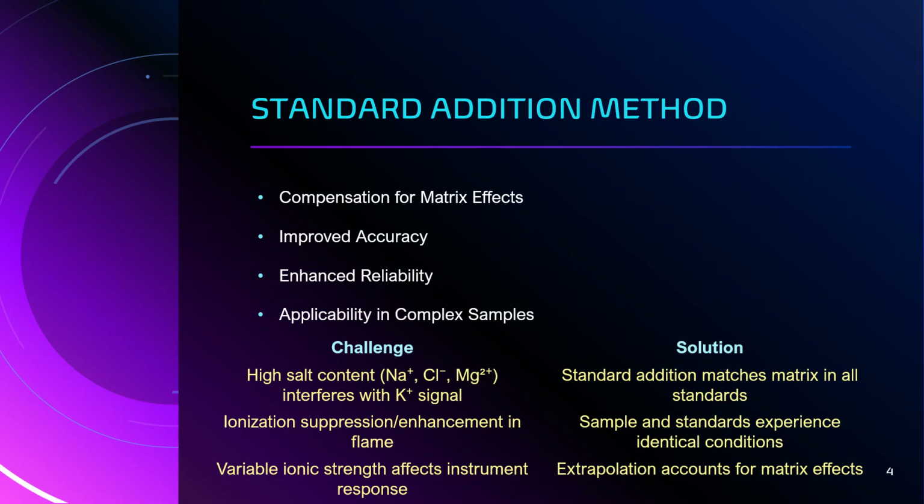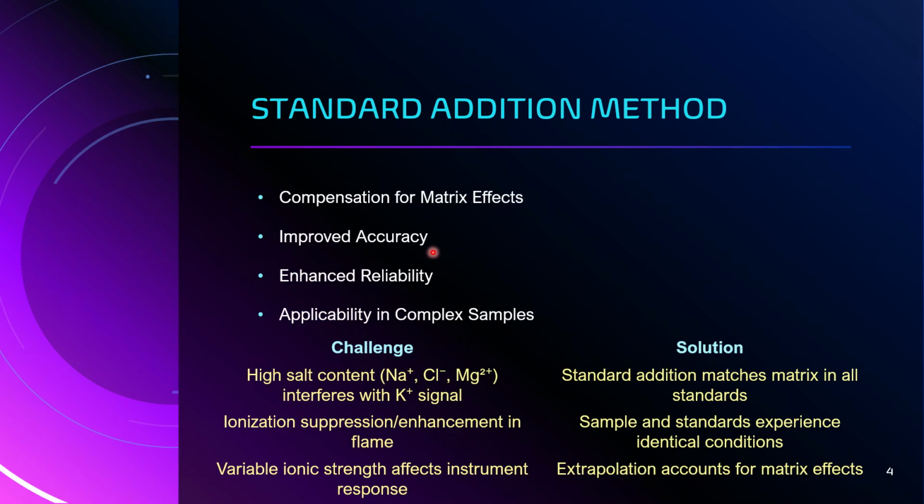So it can compensate your matrix effects and it can improve accuracy. How can it improve accuracy? Because the fluctuations or any environmental effects that would cause error in the analyte determination will also affect your standard.